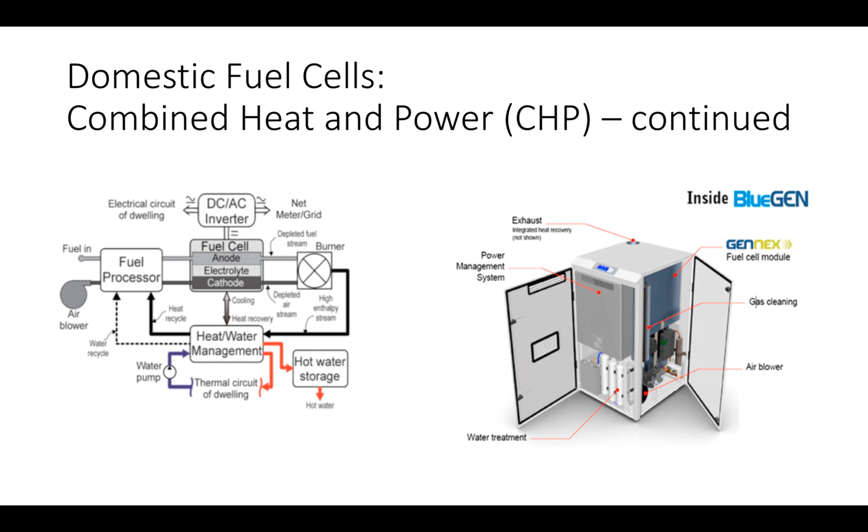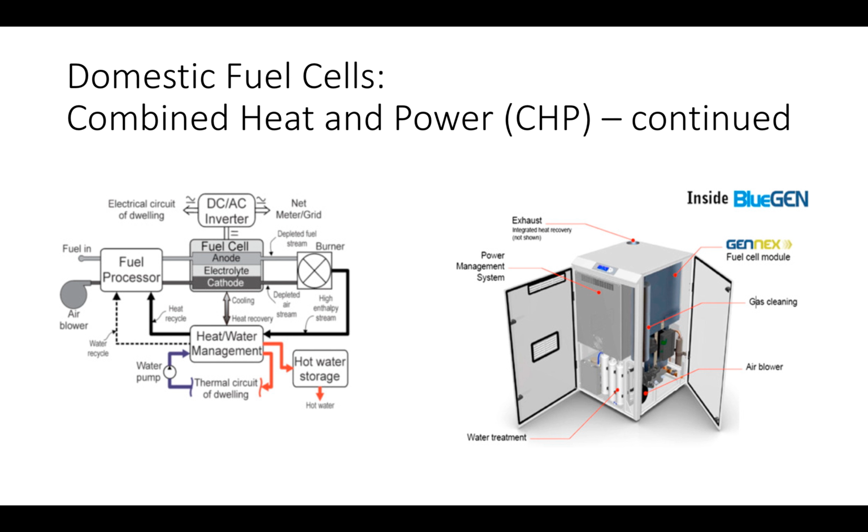Hydrogen is, like we mentioned, one of the inputs into a fuel cell. Next, it enters the fuel cell itself, where, as we described before, the hydrogen and oxygen from the atmosphere combine to produce heat, electricity, and water.